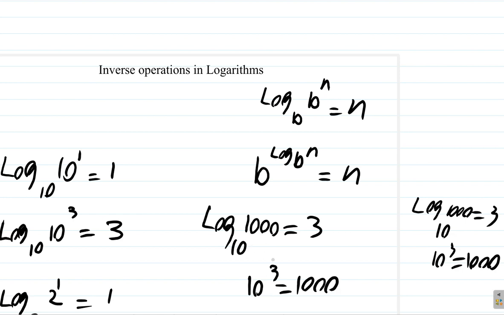These are inverse. Sometimes when you say 10 to the 3, you call it the anti-log. The inverse of finding the log is sometimes called the anti-log. So you find the log of 1000, you get 3. Raise 10 to the 3, you go back to 1000.